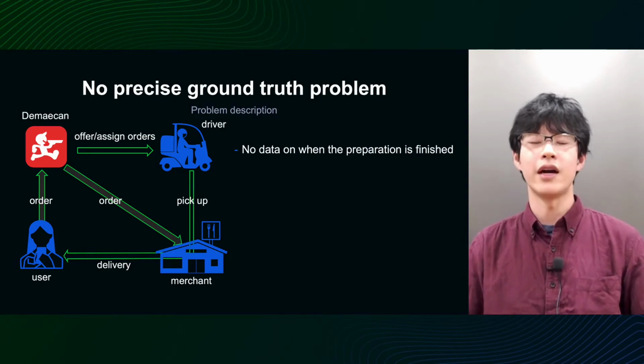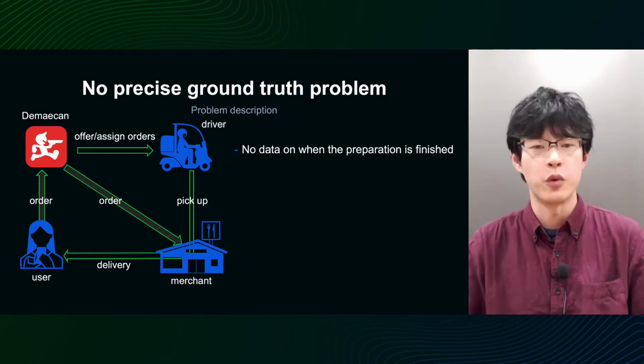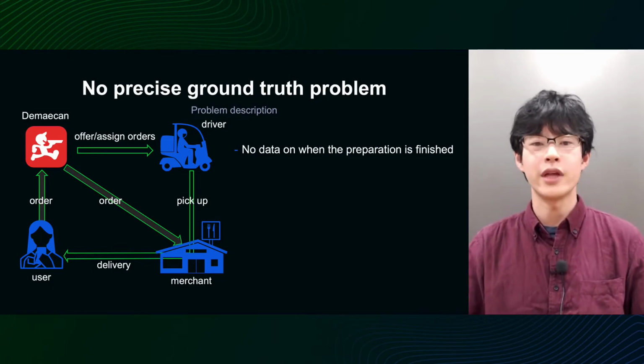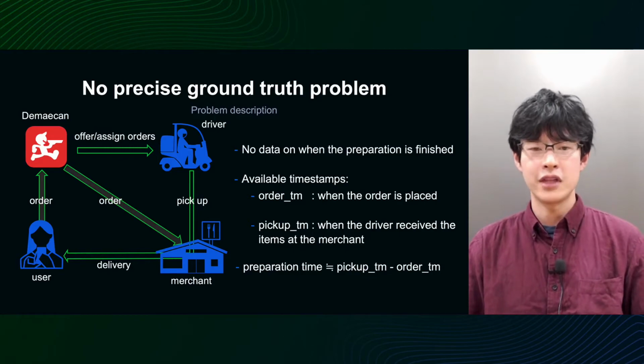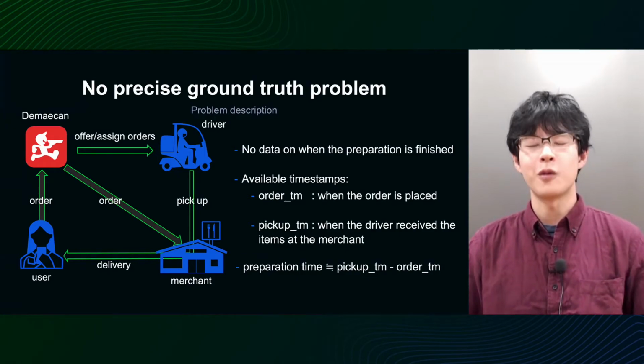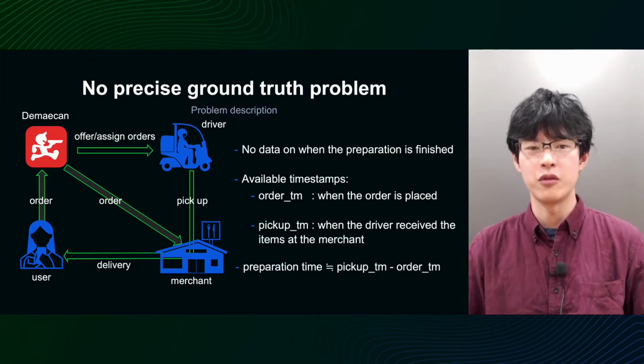However, the merchant app does not have a button to indicate when the food is ready. While it is possible to add such a button, it would be undesirable due to the operational burden on the restaurants. Therefore, we decided to approximate the food preparation time by using two timestamps that we currently have.